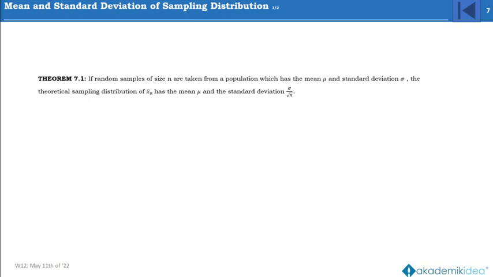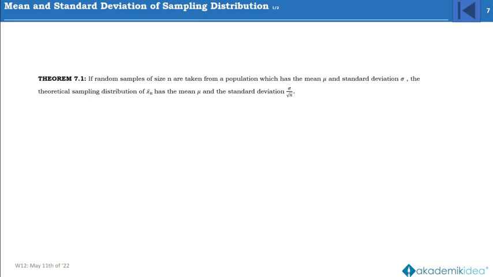A very interesting feature of Theorem 7.1 is that the standard deviation of the theoretical sampling distribution of sample means is given by the formula sigma divided by square root of n.